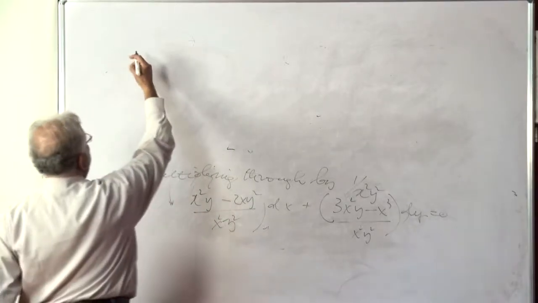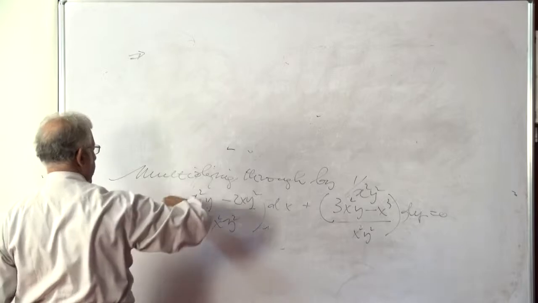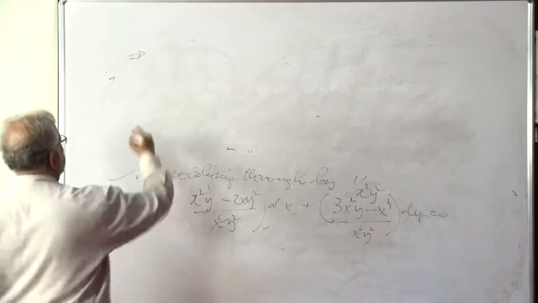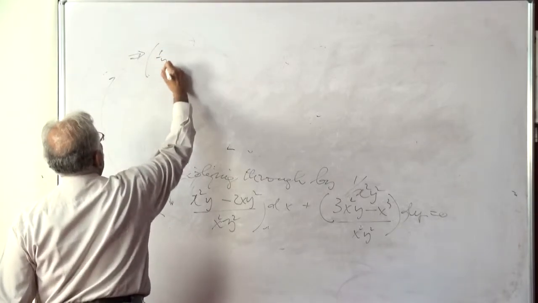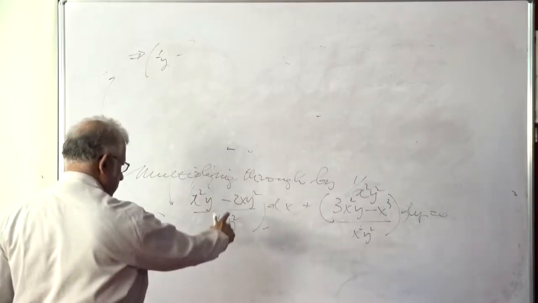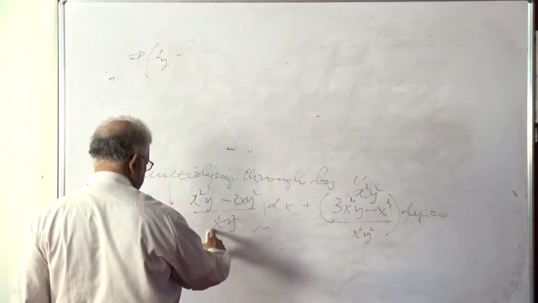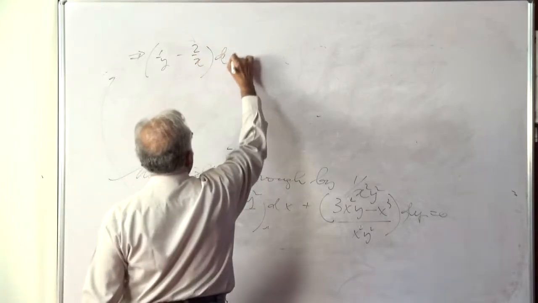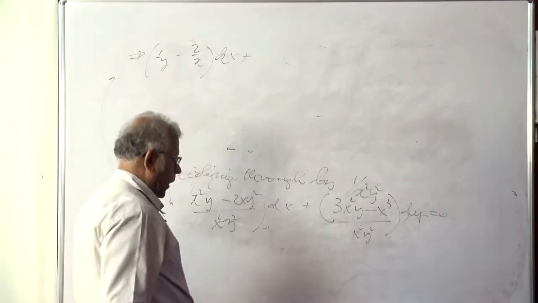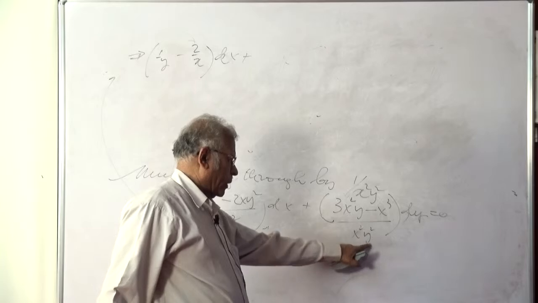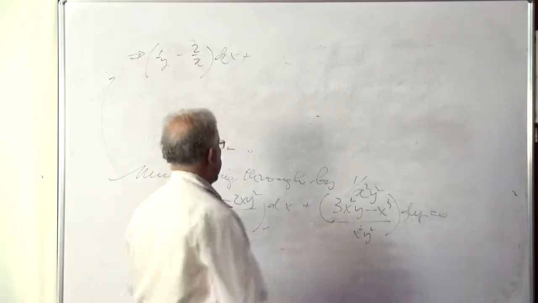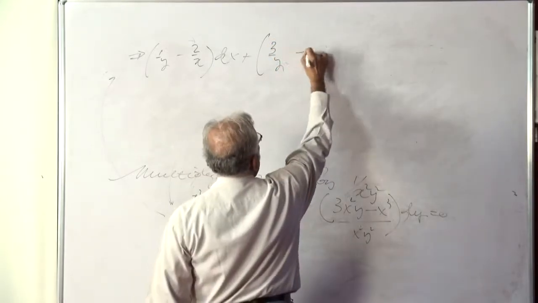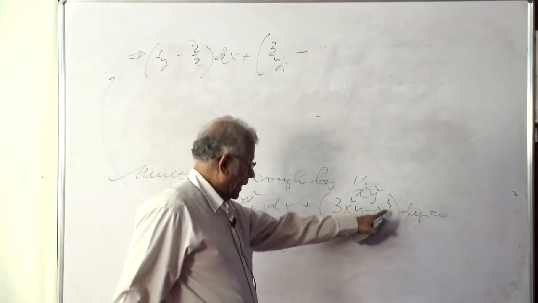Now, from here we get x square y divided by x square y square is 1 by y. Minus 2xy square divided by x square y square is 2 by x. Plus this divided by x square y square is 3 over y, minus x over y square.